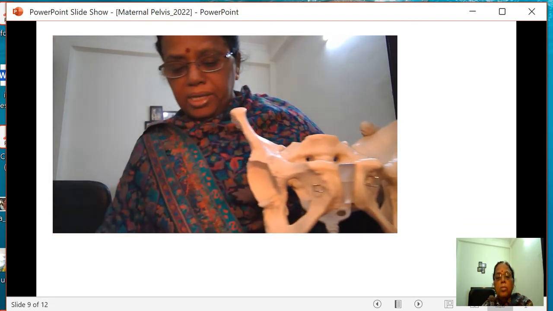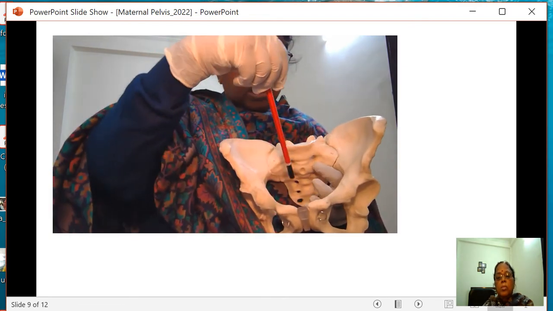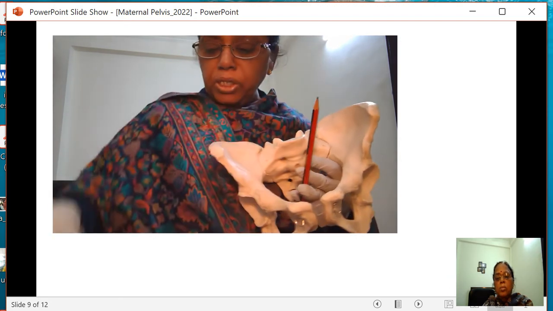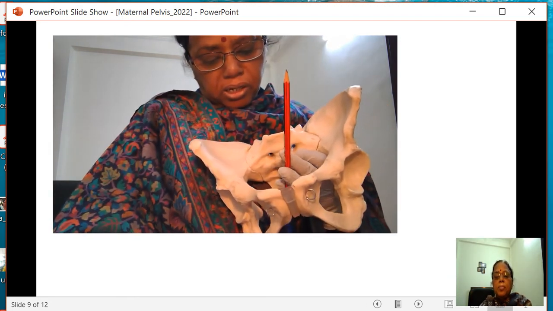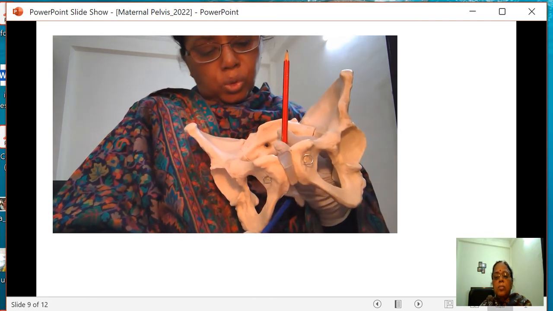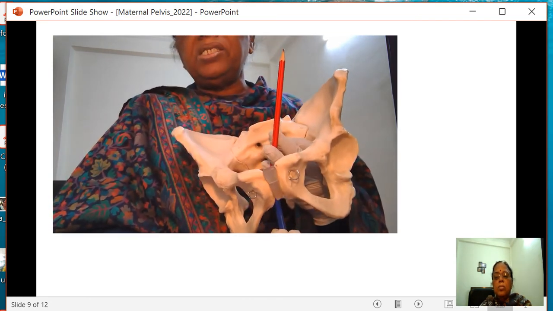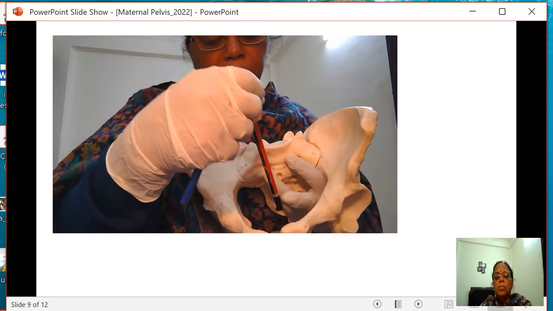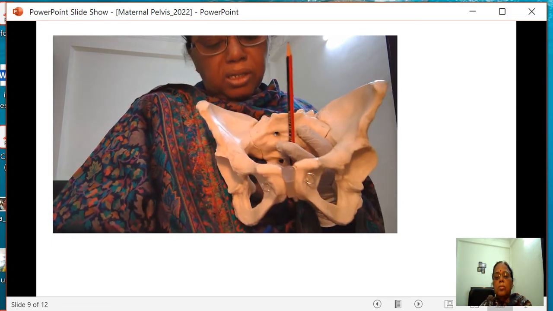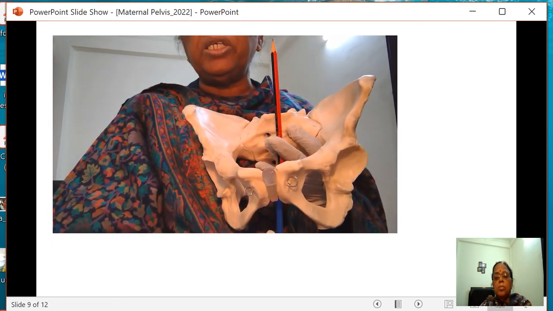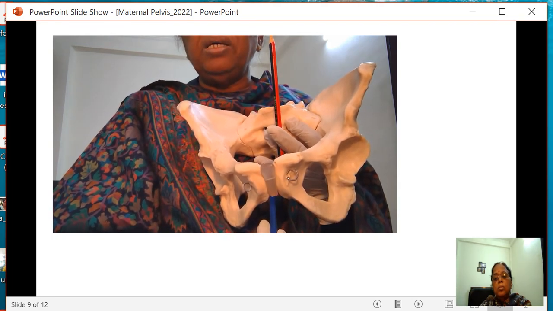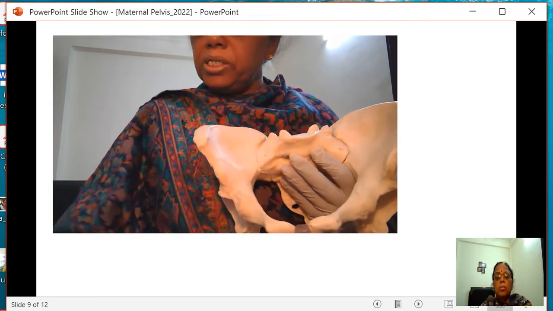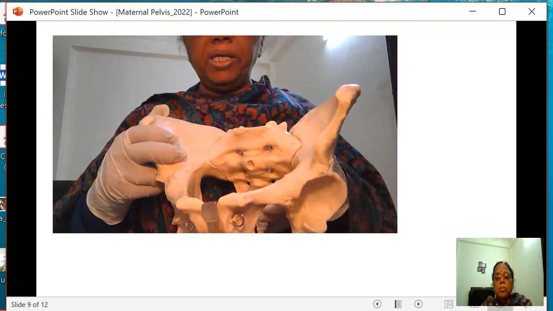So the obstetrical axis is that the head moves straight up to the ischial spine, and from the ischial spine there is a curve which comes anteriorly. So the blue one is telling that there is a forward curve and this is downwards and backwards. That is how the curve of the obstetrical axis is.